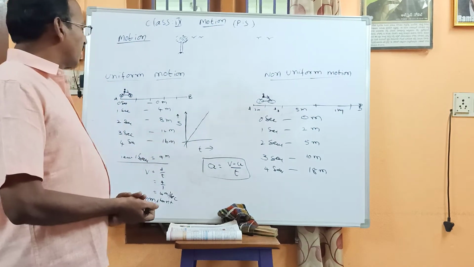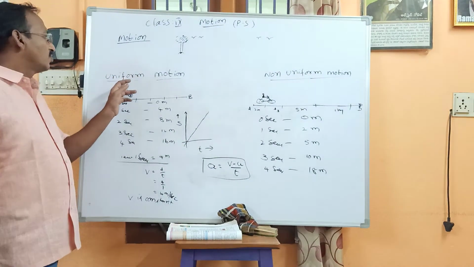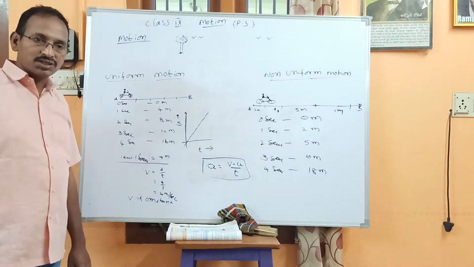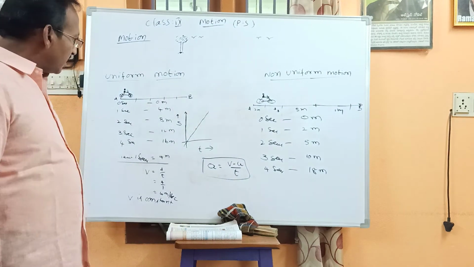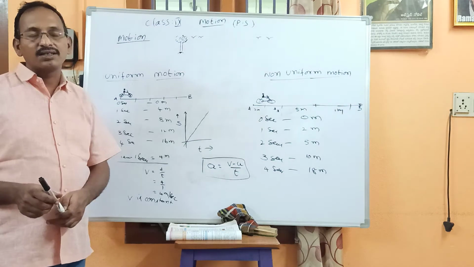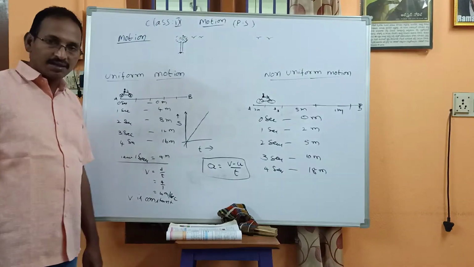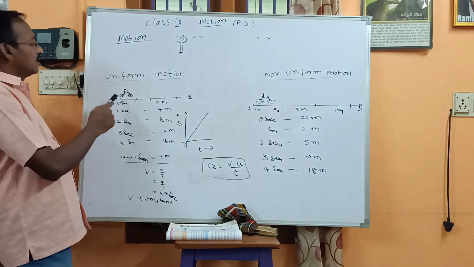Next, coming to the next important topic of the 9th class subject: uniform motion and non-uniform motion. How can you say the object is in uniform motion? How can you say the object is in non-uniform motion? Just observe a simple example, a cyclist.